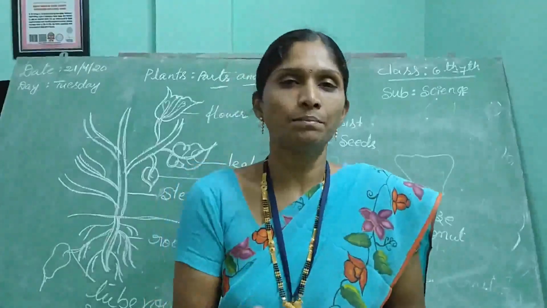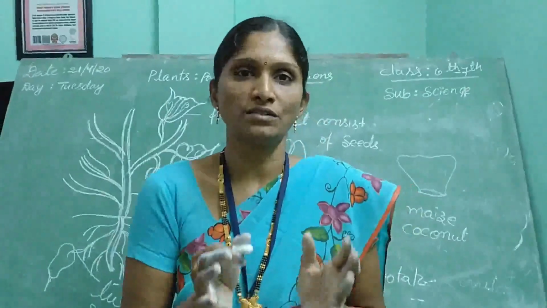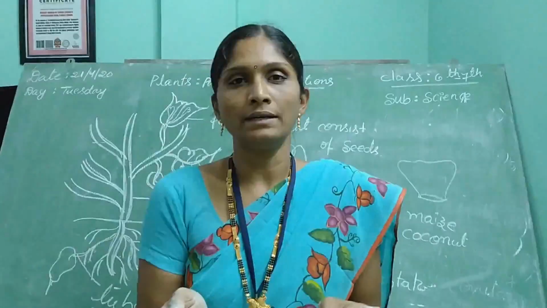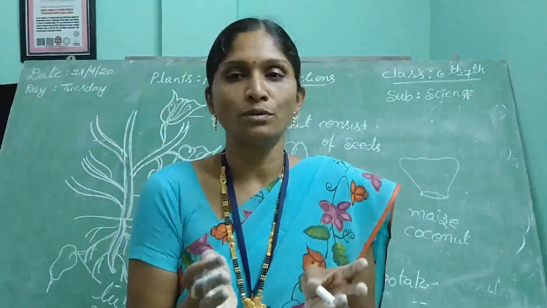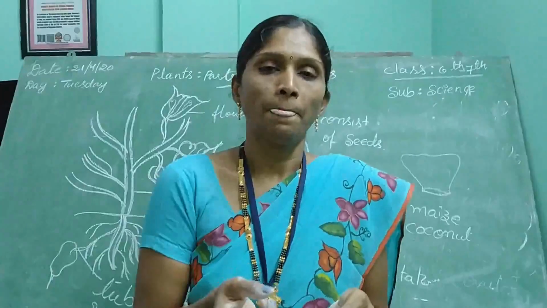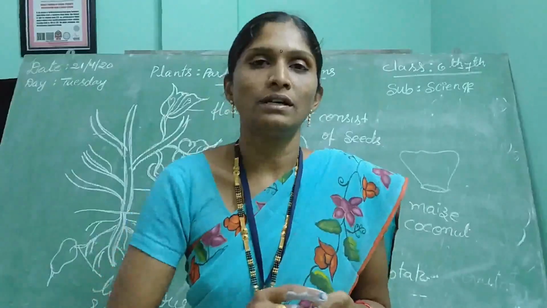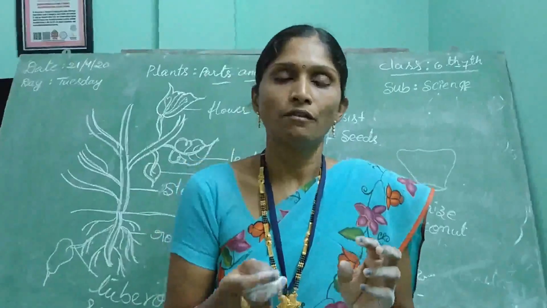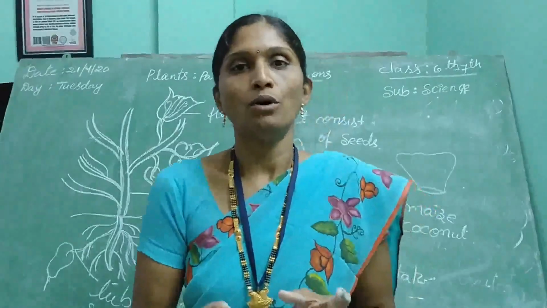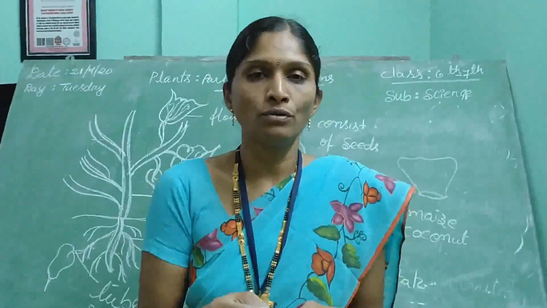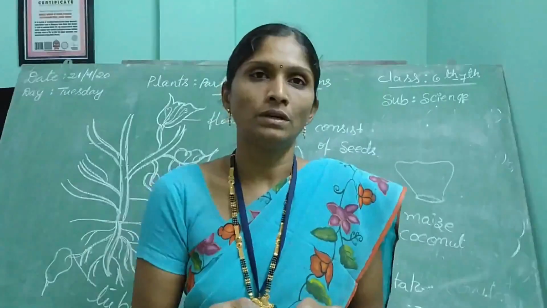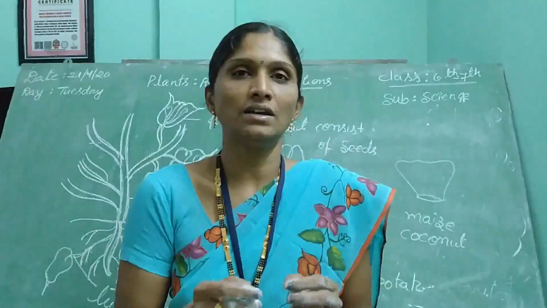And the next important part is the fruit. The plant makes food material and it can be stored in a fruit. It forms into a fruit. There are two types of fruit. The first type is monocotyledonous fruit and the second is dicotyledonous fruit. The monocotyledonous fruit consists of single cotyledon seeds.